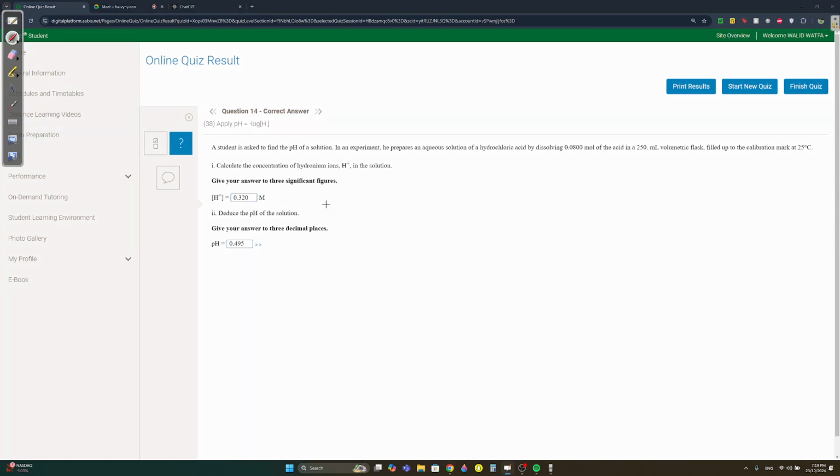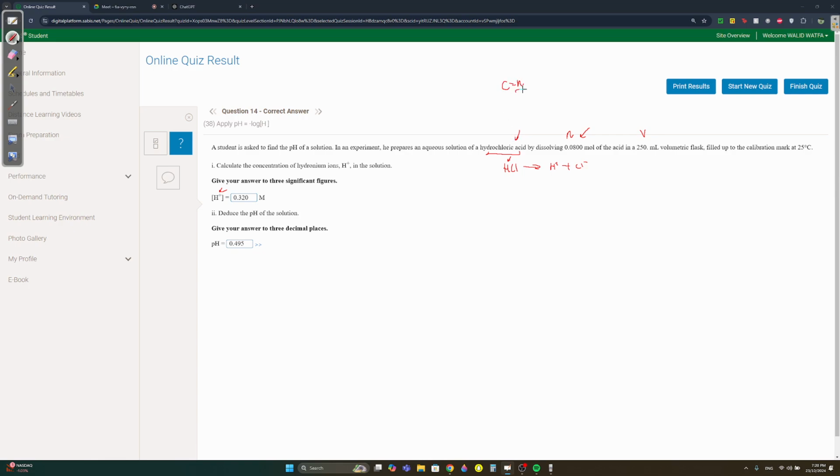Question 14. A student is asked to find the pH. He prepares hydrochloric acid by dissolving. They gave you the moles and they gave you the volume. So hydrochloric acid, HCl, and they want to find the concentration of H plus. How do you find it? You know it dissociates to do this, right? Then you want to find the concentration.